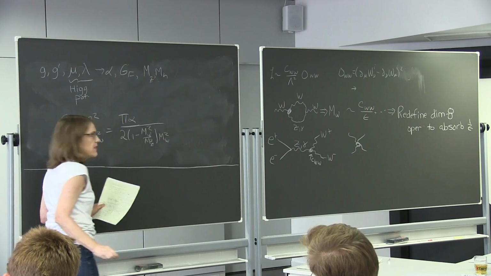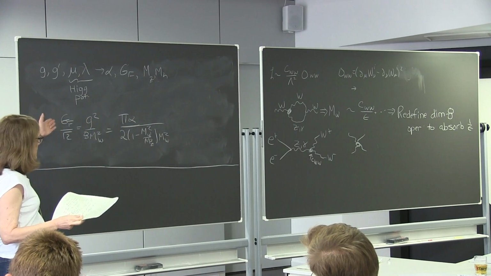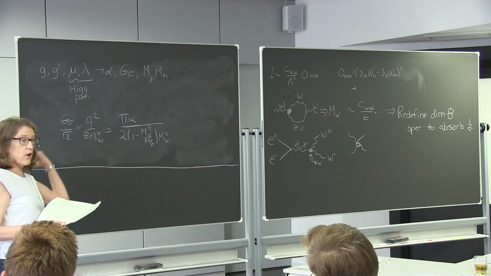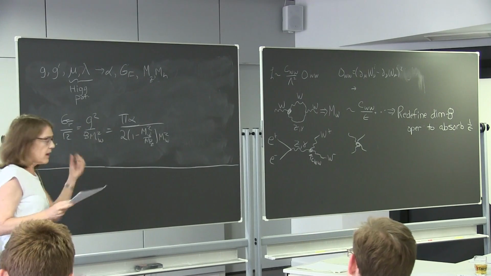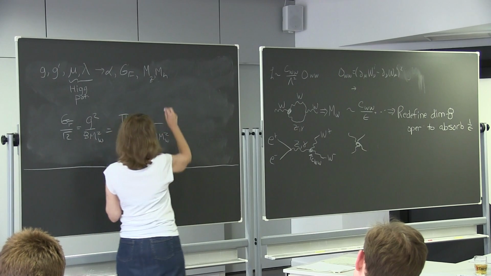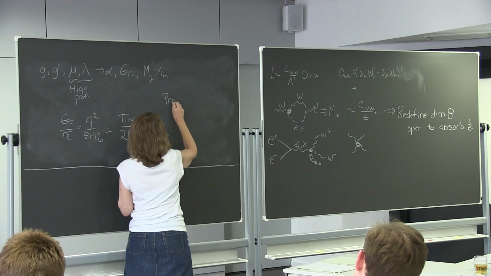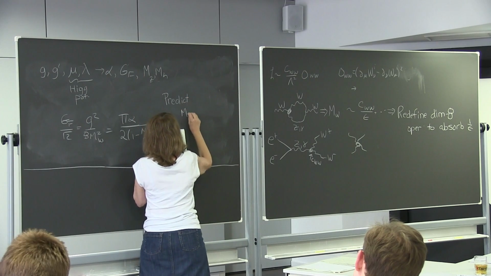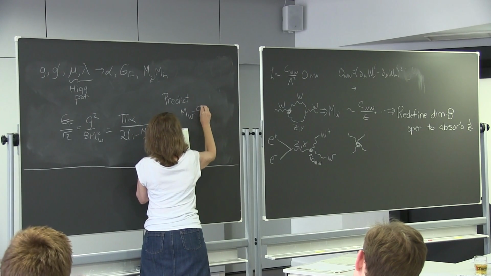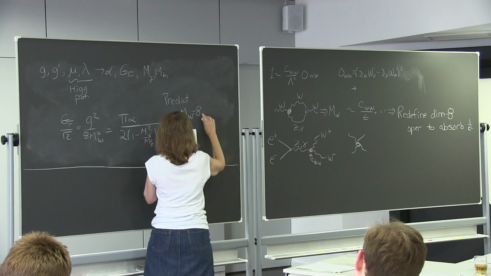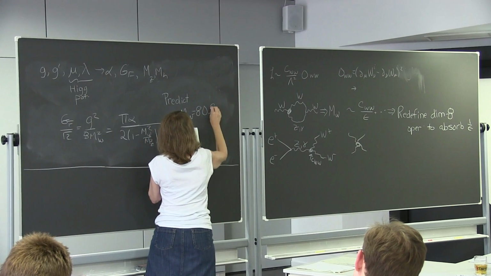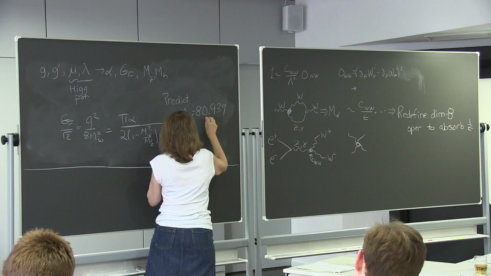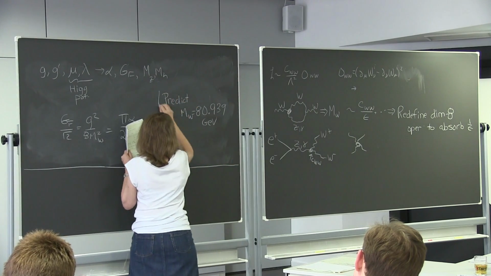Okay, I derived that on the first day. This is the tree level result, but I can invert it to get a prediction for the W mass. So I'm going to predict MW equals 80.939 GeV. So there's my prediction.